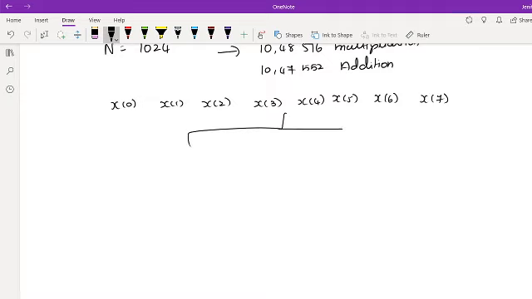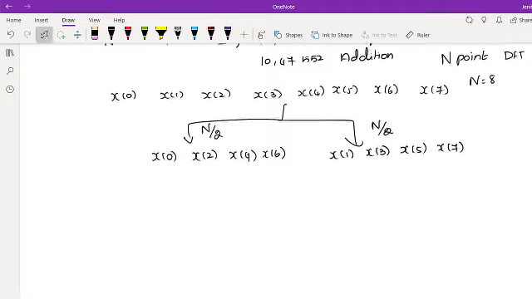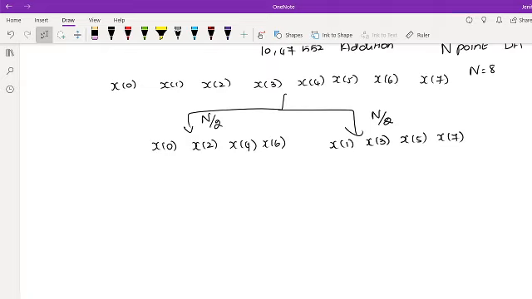That is, x of 0, x of 2, x of 4 and x of 6, and the odd ones, x of 1, x of 3, x of 5 and x of 7. So the N-point DFT, here N is 8, is divided into two N by 2 point DFTs. Since N is 8, we have generated two 4-point DFTs.